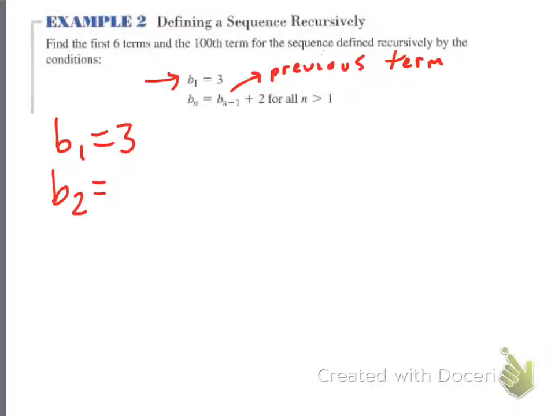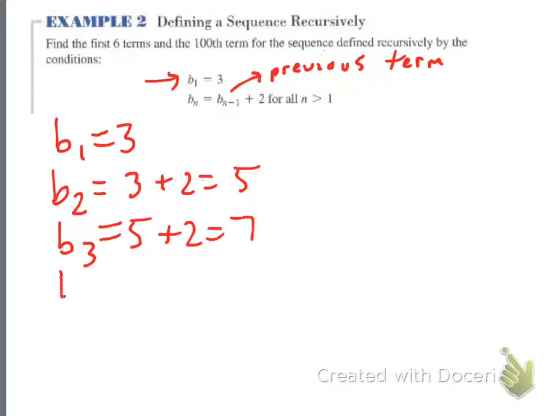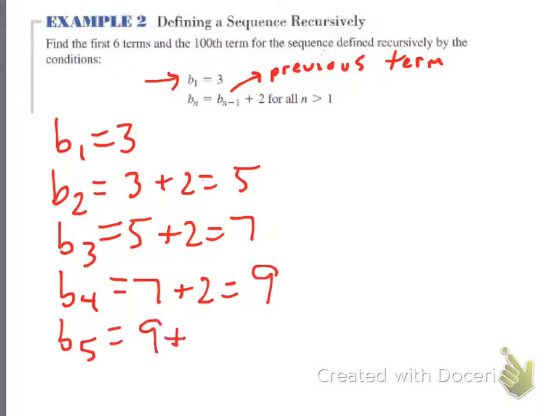So really what you're doing is taking the previous term and adding 2. So B sub 3 would be 5 plus 2. B sub 4 would be 7 plus 2. B sub 5 would be 9 plus 2. And so on.